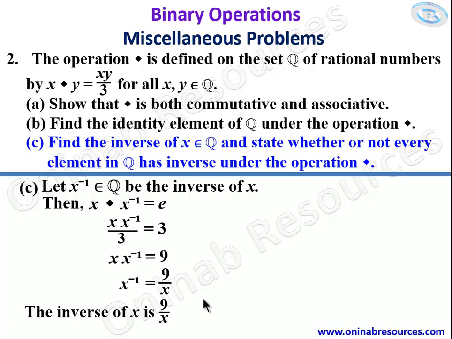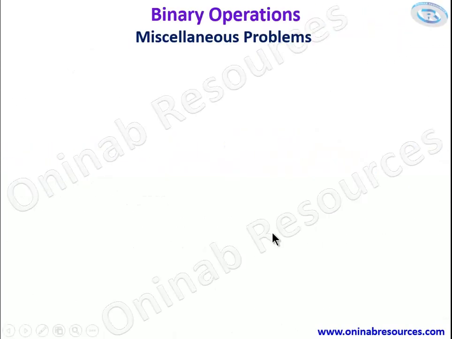So it is undefined. So we now say the inverse of x is 9 over x, and x equal to 0 has no inverse in Q. So with this, we are done with problem 2. We then go to problem 3.